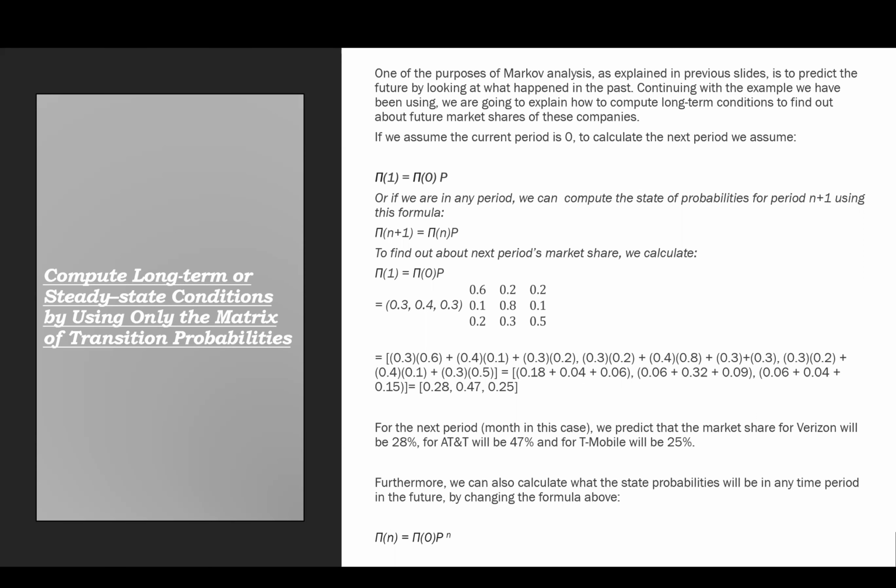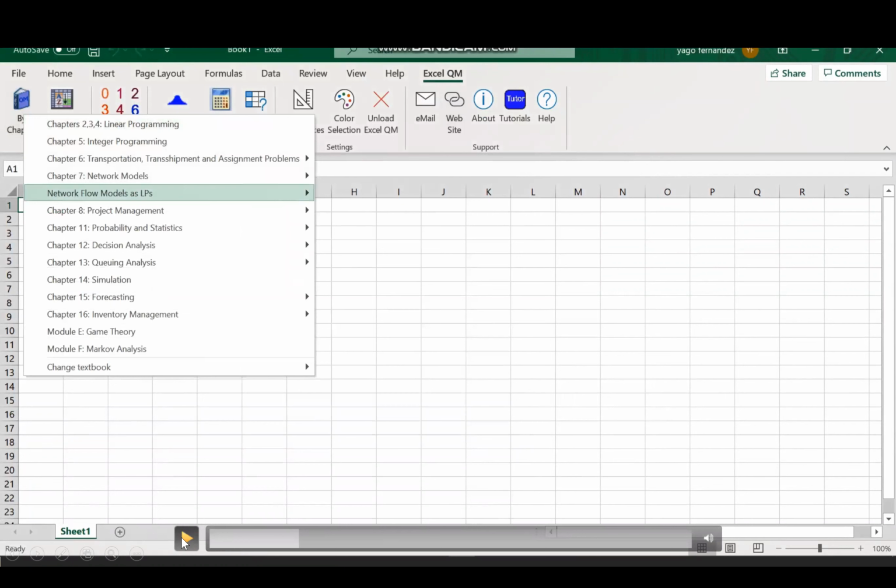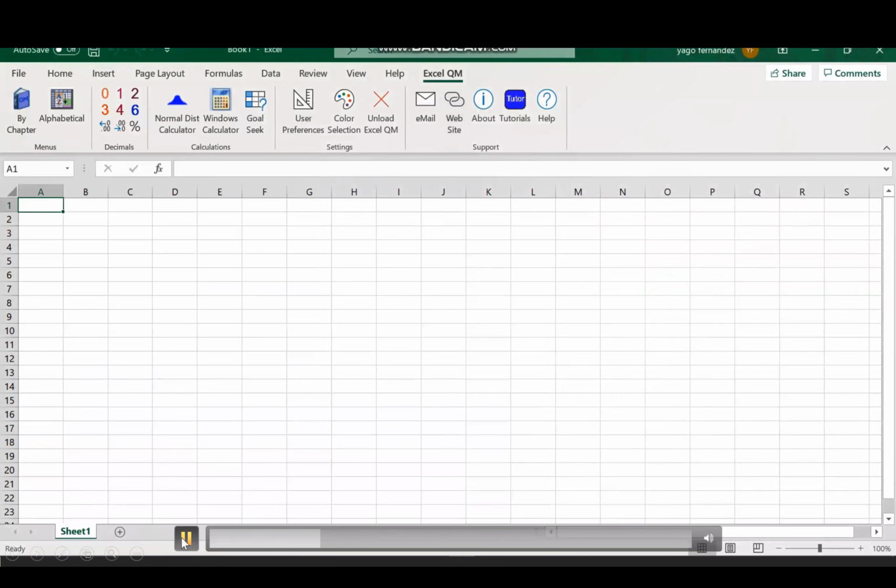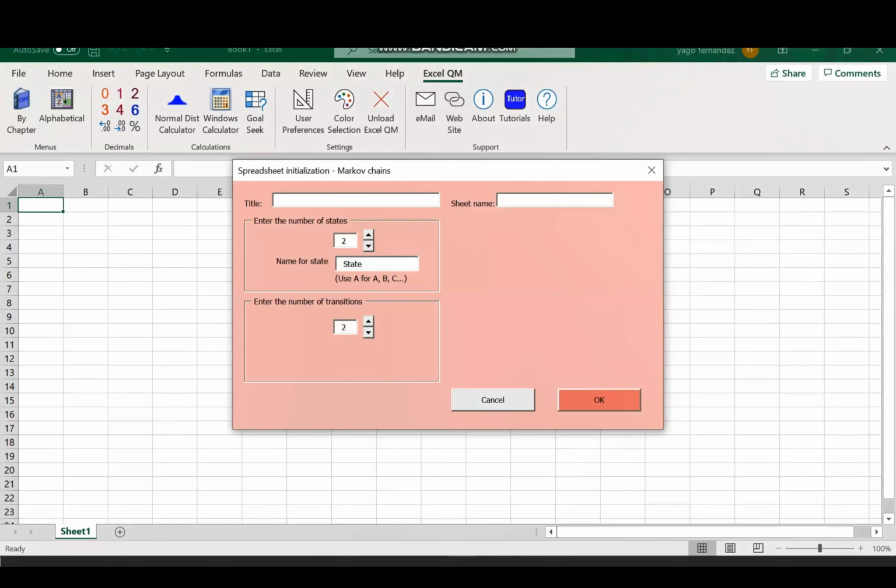Now I'm going to show you a video, like Dustin did in his healthcare example. I've done the example I've been using to do the Excel QM. I put also the title for the Markov Analysis US phone carriers.